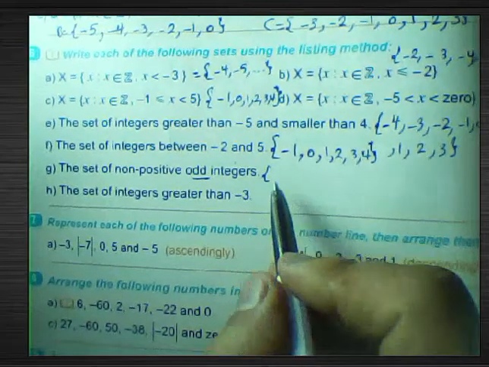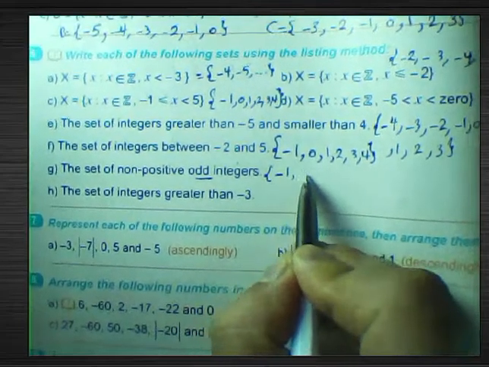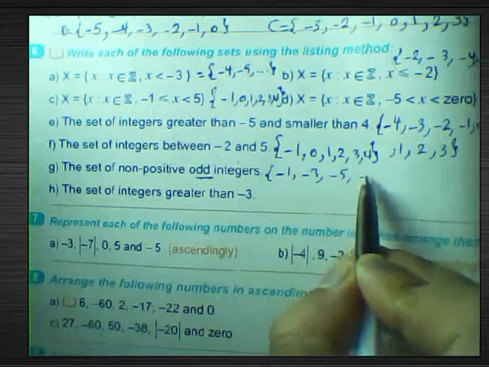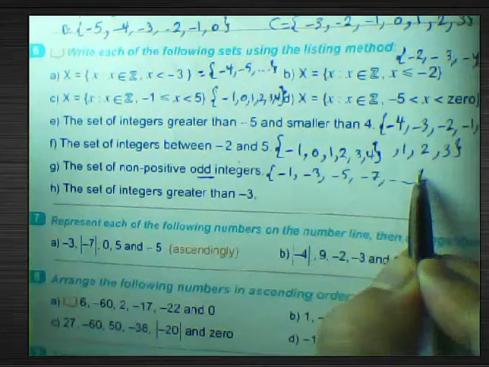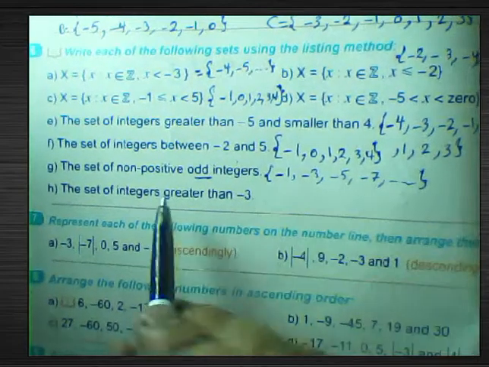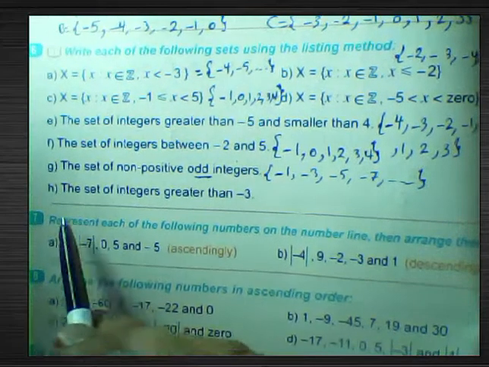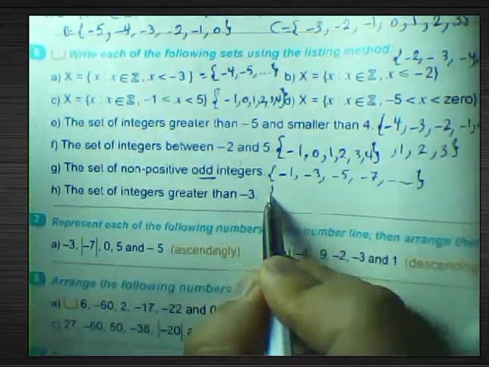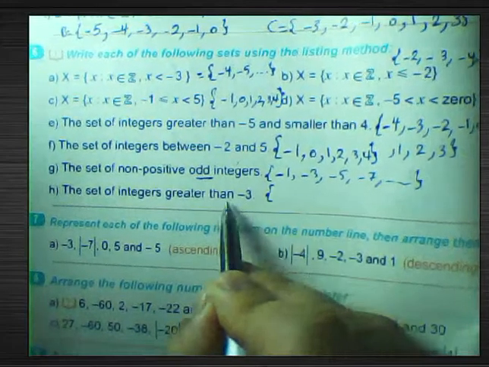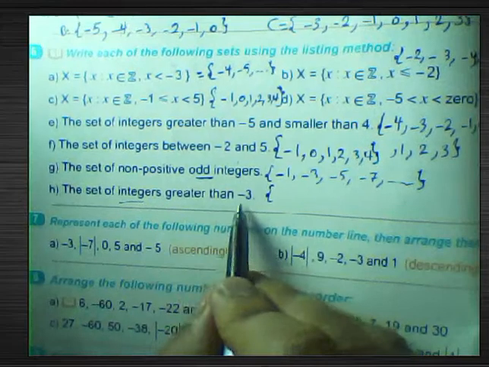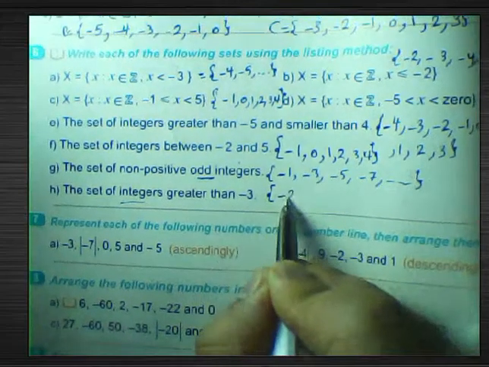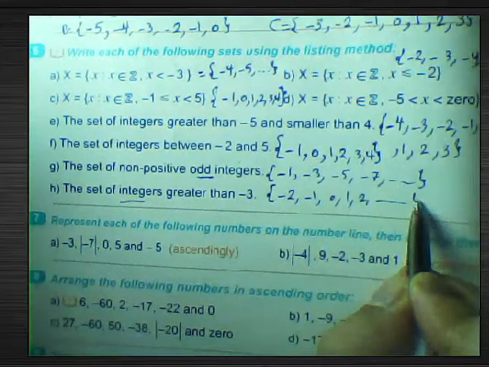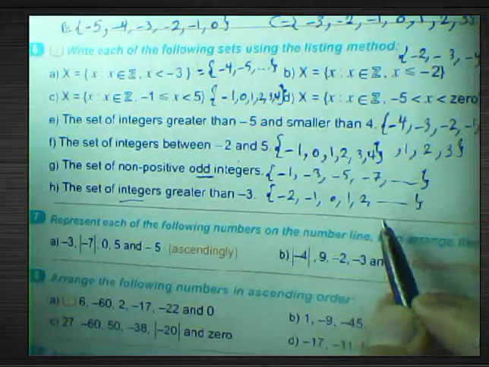You can write negative 1, negative 3, negative 5, negative 7, and so on, to negative infinity. Question H, the set of integers greater than negative 3. We want to find the integers greater than negative 3: negative 2, negative 1, 0, 1, 2, and so on, to infinity.